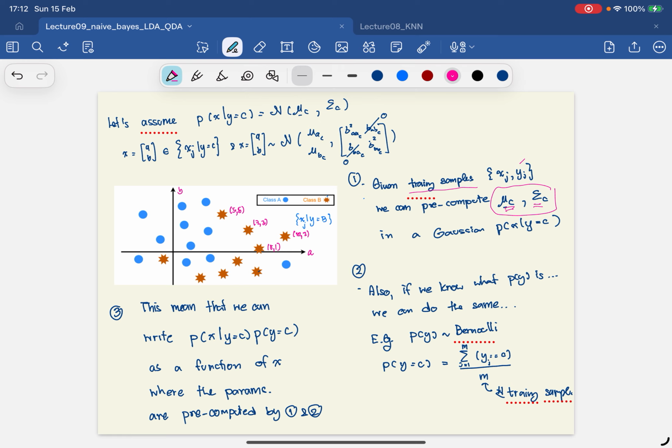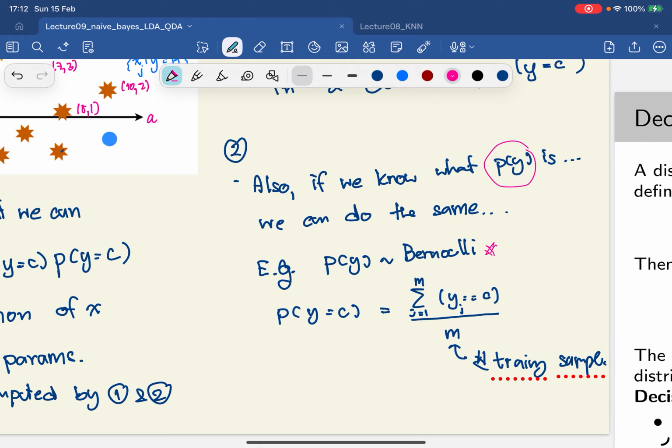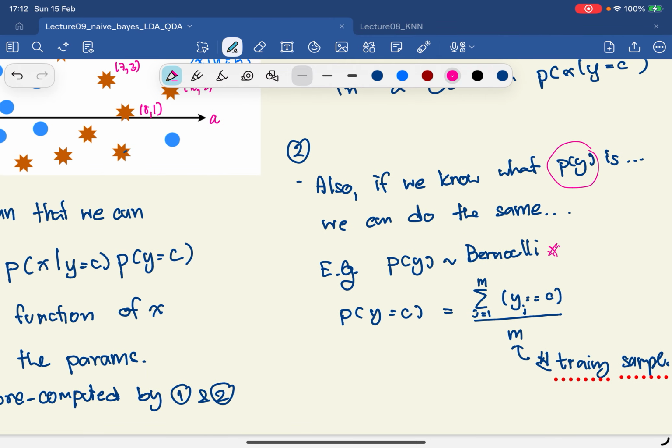And what I haven't mentioned is that we can also consider the probability of Y, that is the prior. The simplest way is to use the Bernoulli distribution. By doing Bernoulli, it's very similar to K nearest neighbor, where you just compute the number of samples in class C divided by M, where M is the total number of training samples.